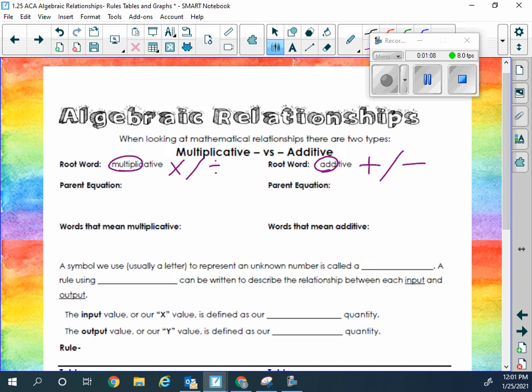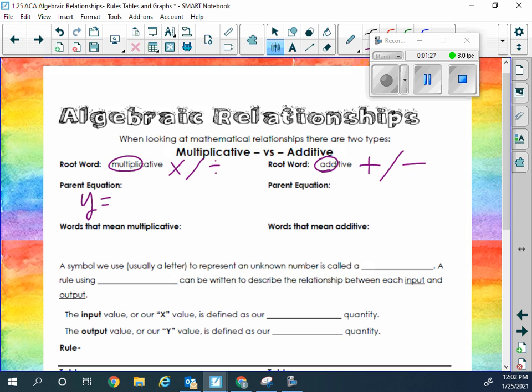Okay, when they say a parent equation, they just mean in general. We'll do it here with our multiplication things that we talked about, like A times B, A with a dot, A next to it. These are like parent equations, meaning we're not going to use any numbers, we're going to use all letters.